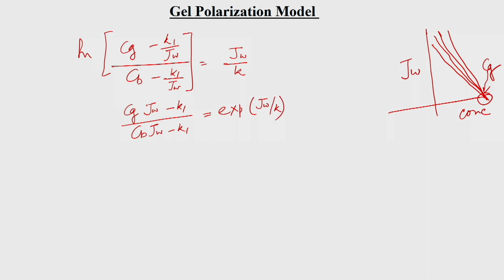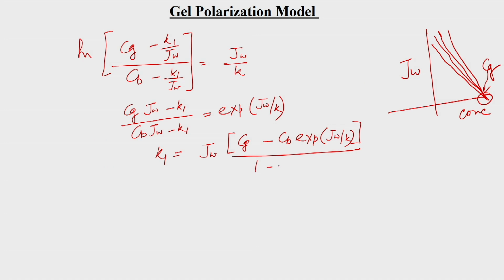And from there, just by manipulation, K1 will be equal to Jw into (Cg minus Cb into exponential Jw by K) divided by 1 minus exponential Jw by K.